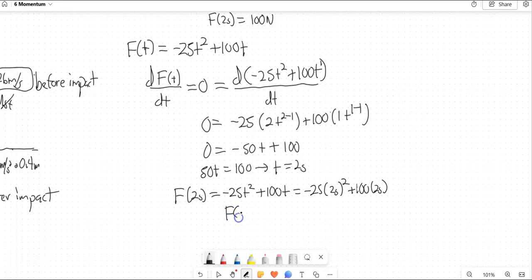Once you've figured out when that slope is 0, you can plug that back in here.